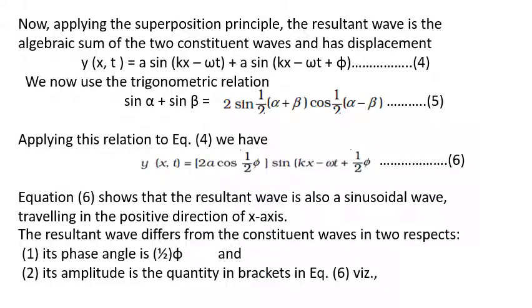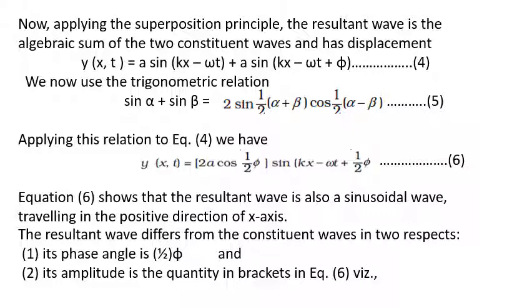Now applying the superposition principle, the resultant wave will be the algebraic sum of these two equations, and by using the trigonometry relation for sin A plus sin B in equation 4, you will get y equals 2a cos(phi by 2) sin(kx minus omega t plus phi by 2).